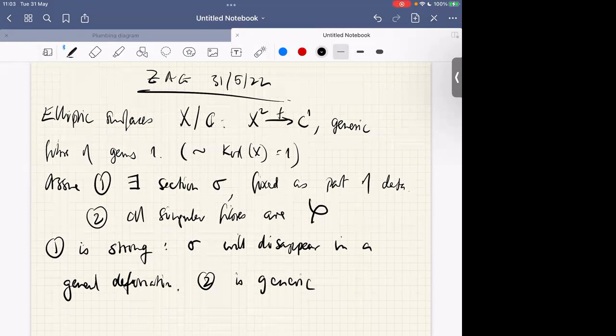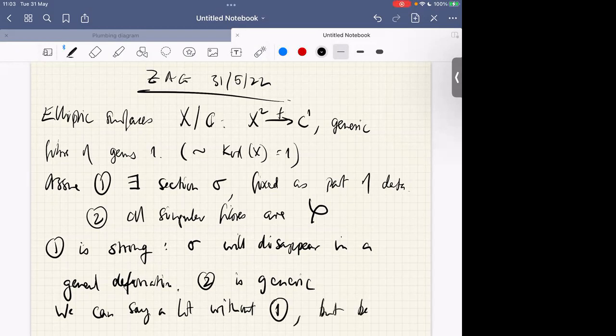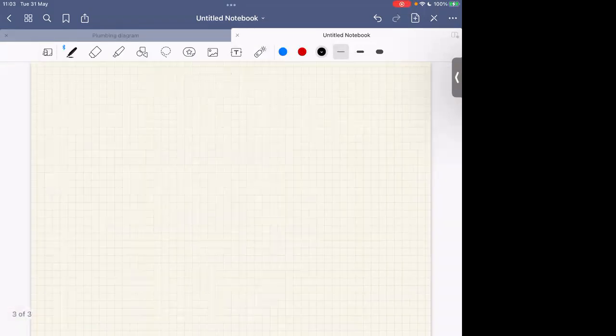Let me say something about assumption 1. We can say a lot without assumption 1. The basic features are the same, and the technicalities are easier.